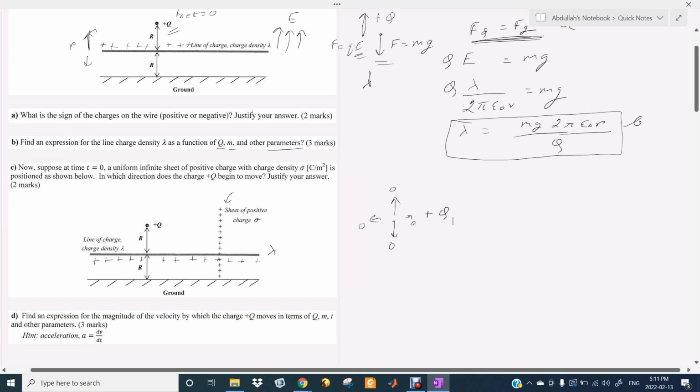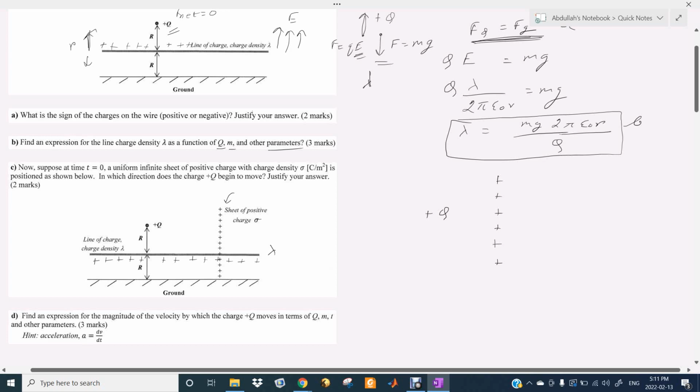But right now additionally you are placing a sheet of charge to the left of this positive charge, and it's also positive, right? So you know that the downward force is balanced by the upward electrical force. That we did in part B, right? So now the only force projected by the sheet of charge is the repulsive force, but that's horizontal, right?